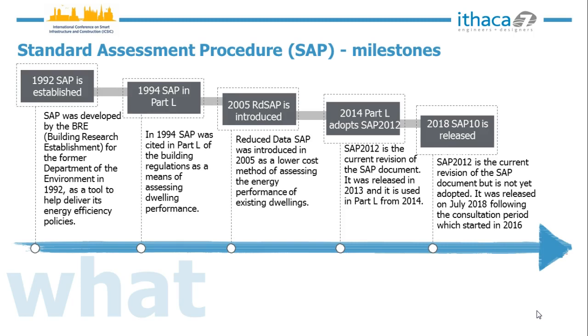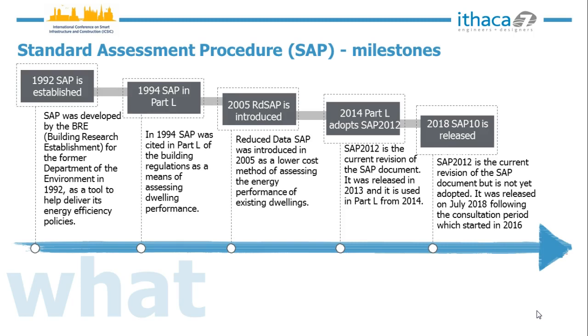This is a very quick look at the milestones of SAP, which was developed originally back in 1992 as a way to establish a procedure to see how efficient our design is, all the way down to 2018 when SAP 10 was released.